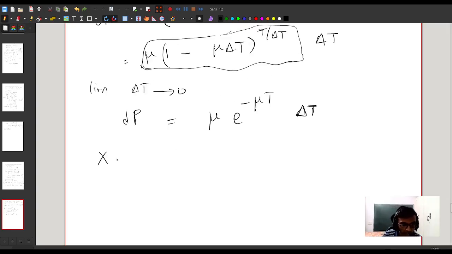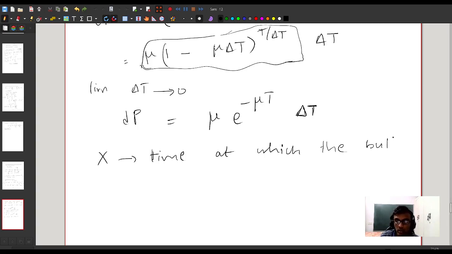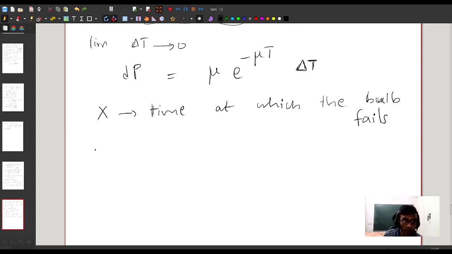So if x is a random variable which is the exact time at which the bulb fails, then of course for any particular value of x the probability is 0, because it can take a continuum of values. But we can define a continuous probability distribution for this random variable x.